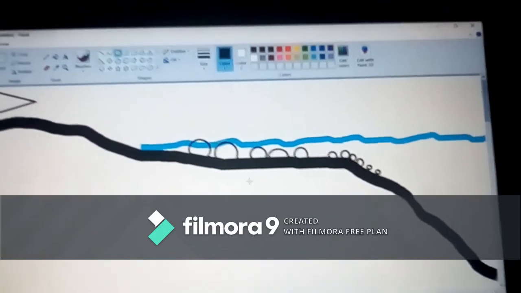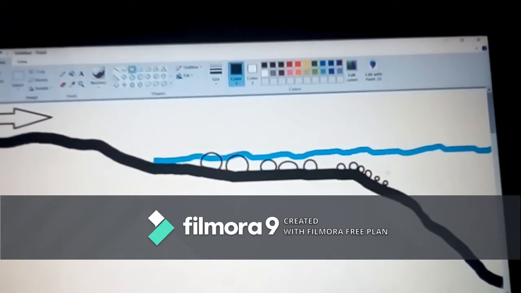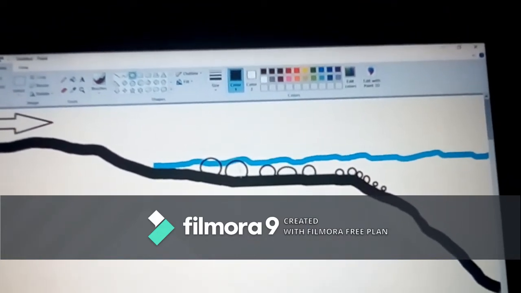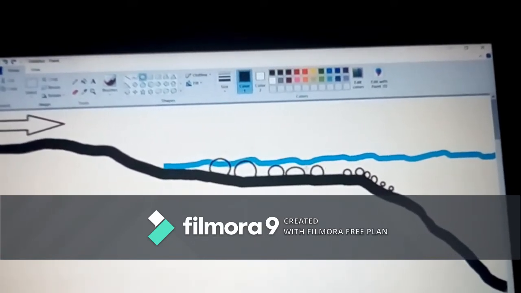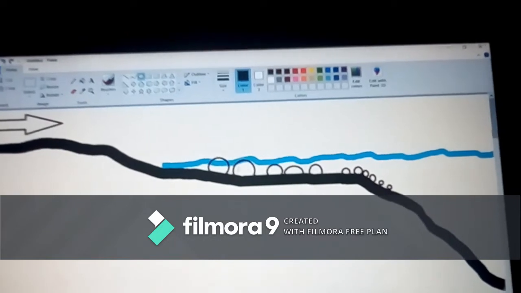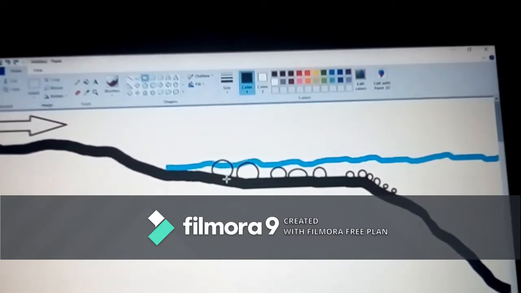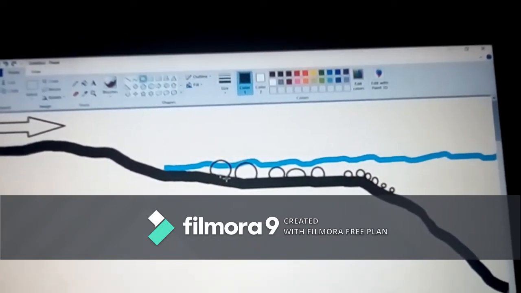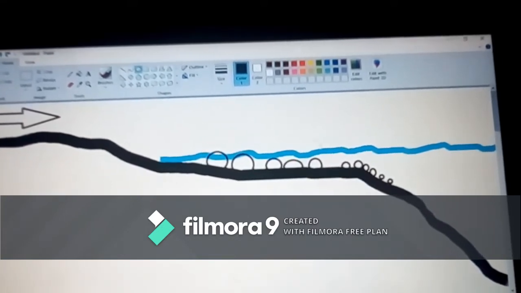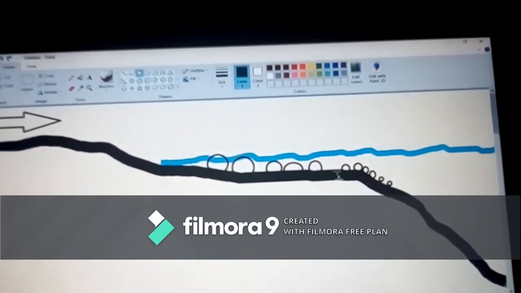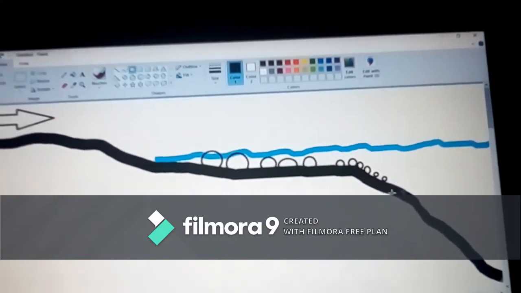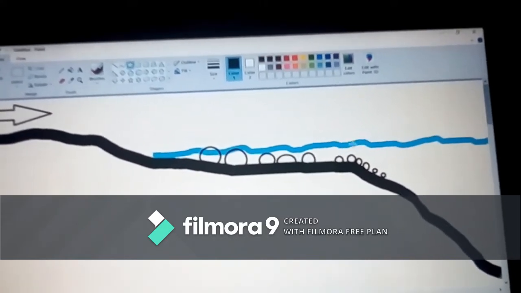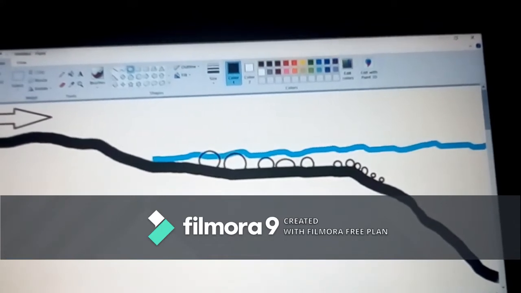So according to Walther's law, if we divide these different kinds of sediments in order of their grain size, these are gravel size particles. The middle one is of sand size particles, and the extreme right is of silt to clay size particles.